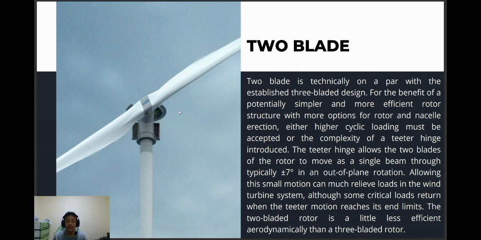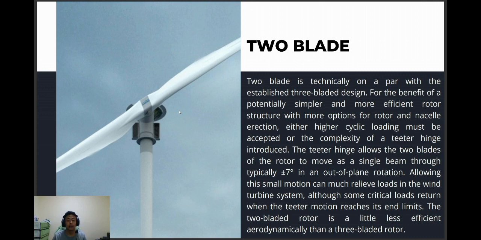So, the teeter hinge allows the 2 blades of the rotor to move as a single beam through positive negative 7 degree in an out-of-plane rotation. Allowing this small motion can much relieve loads in the wind turbine system, although some critical loads return when the teeter motion reaches its end limit.